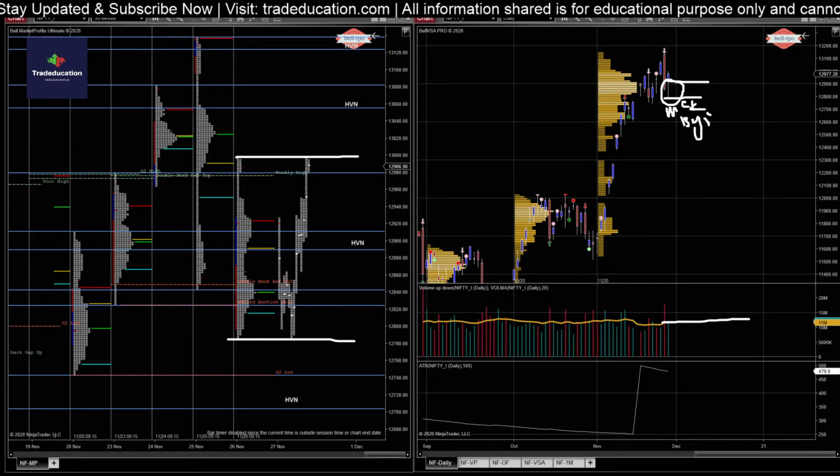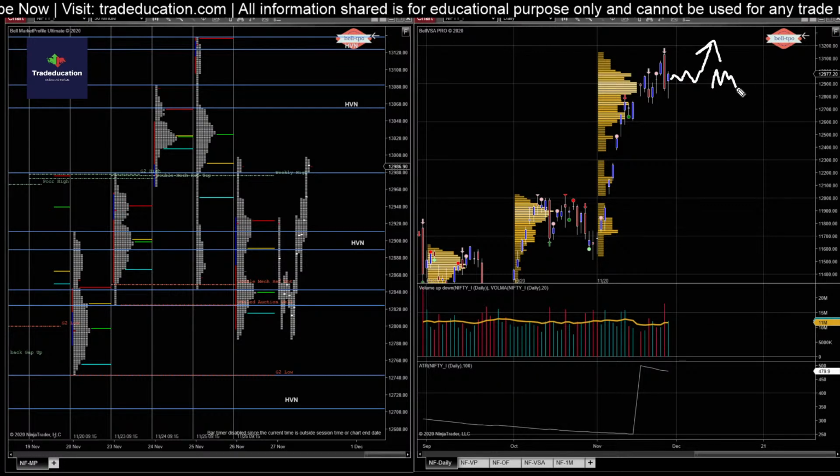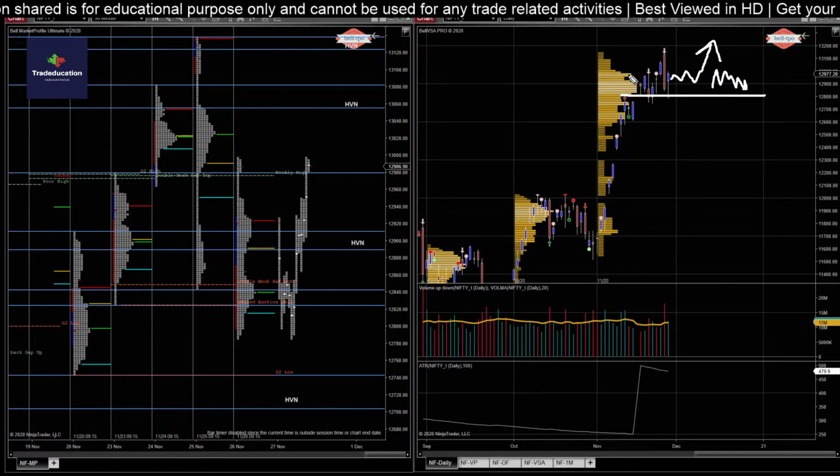So today, what we need to see is whether we see continuation to the higher side or whether we see balancing. That's the overall auction which I'm anticipating, because this entire zone is the buying zone, where buyers came in.